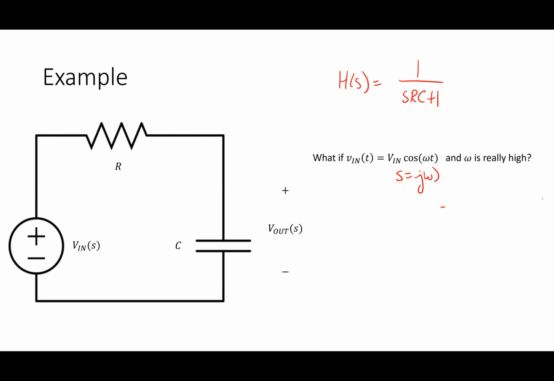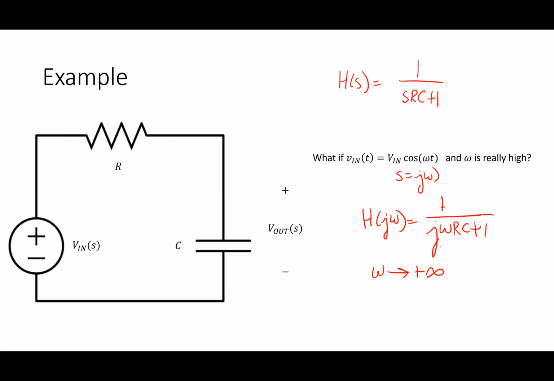What about as the frequency increases? In this case, H of J omega is equal to 1 over J omega RC plus 1. If omega goes to a high number, so omega starts to approach infinity, what's the magnitude of that thing going to do? First of all, I'm doing magnitude, so I'm kind of cheating.